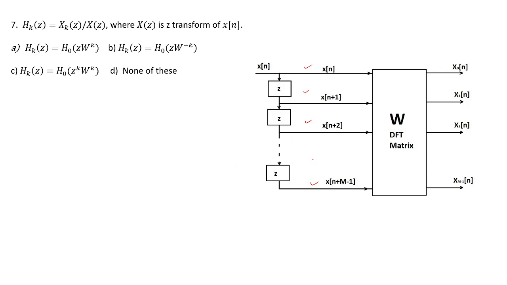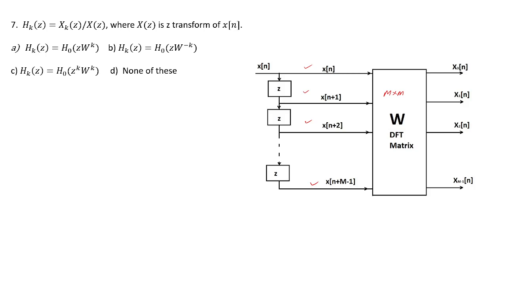So this sequence is fed to this DFT matrix, which is of course an M cross M square matrix, which has many properties, whose columns are orthogonal, that fulfills the criteria of being an orthogonal matrix. By the way, it is also a unitary matrix.